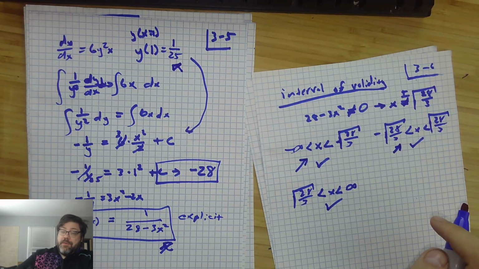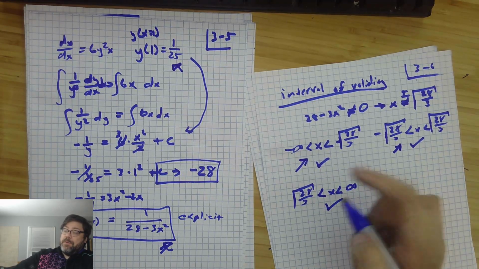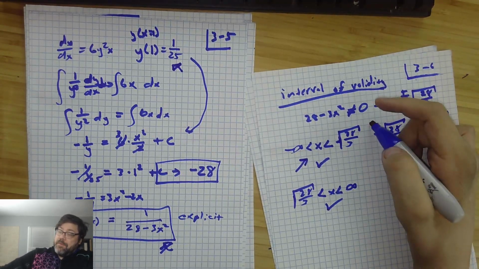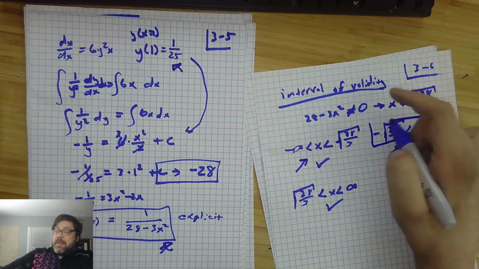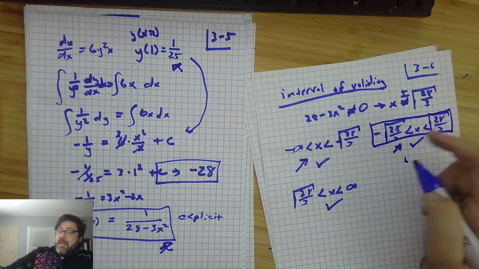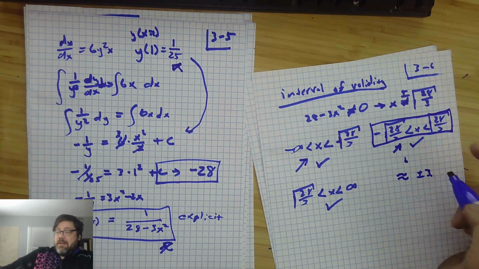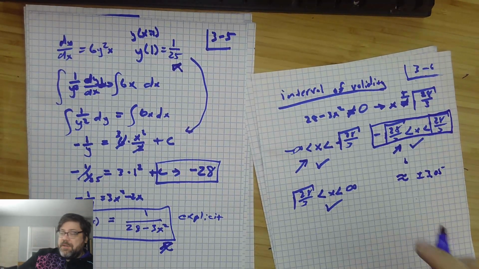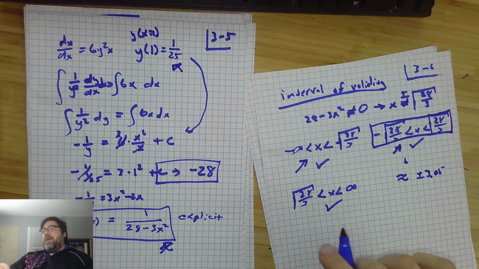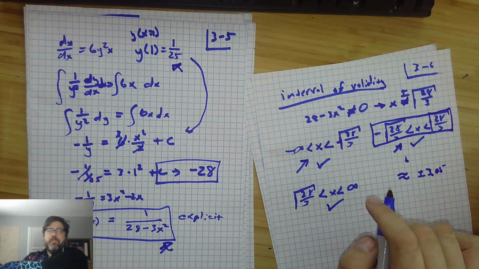But in our case, we have x equals 1, so that means our interval of validity is here, right? Because this number approximately equals plus or minus 3.05. All right. So our initial condition says that this is where the interval of validity is in our case.